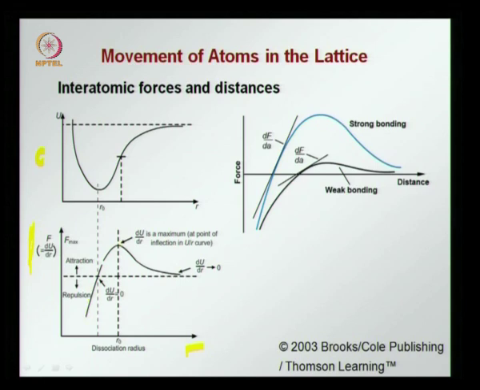Now this curve tells us the behavior between the spacing r and the force, and we find here that over a certain range that corresponds to distance less than r0 we have repulsion or compressive type behavior.